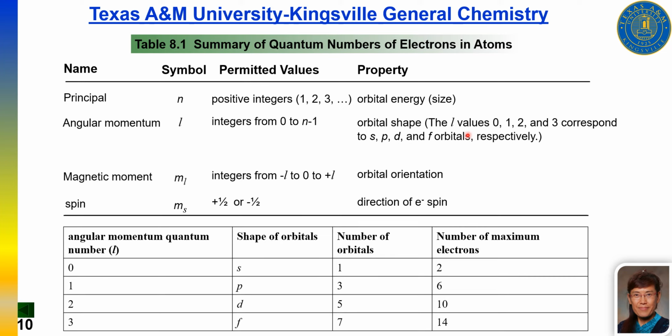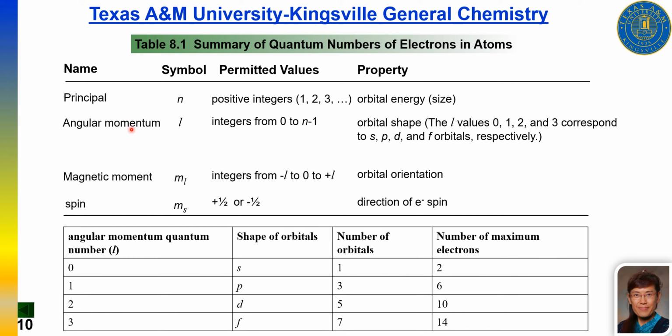8.1 summarized the different quantum numbers and the associated electrons in the orbital. Also, the orbital names, orbital shapes, orbital numbers, and the total number of electrons in the associated orbital are also listed in this table. Principal quantum number n, positive integers from 1 to 7 for now, represents the size of your orbital energy.